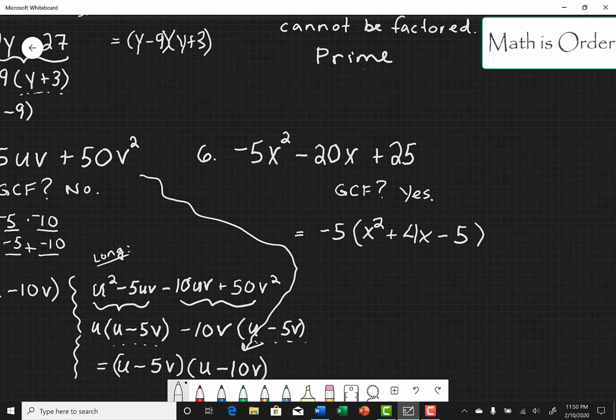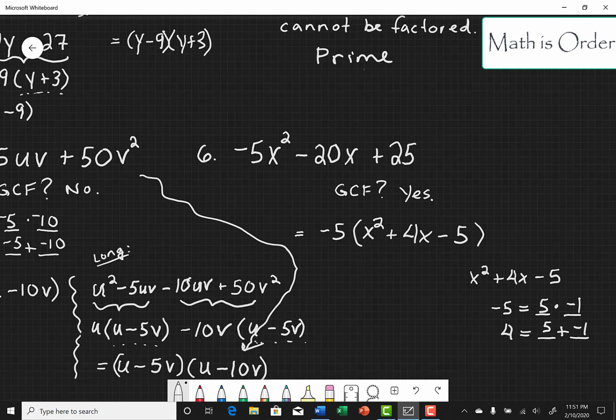And I would do it off to the side somewhere. So what is x squared plus 4x minus 5? How does this factor, or can it factor? So we need to use the AC method. So let's say we need to multiply two numbers, see if they give us negative 5, and see if those same two will add up to positive 4. And we can see that 5 and negative 1 will work.